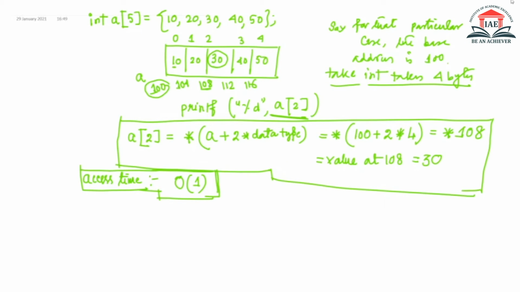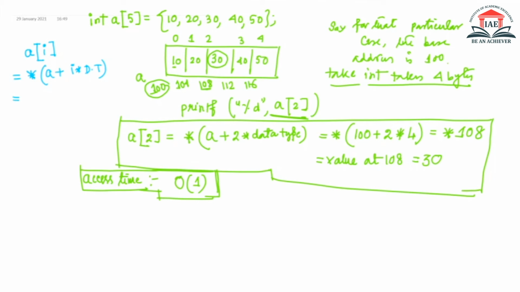So we can write it in a different way. Say if you want to find an element at the ith location, how can we compute it? We compute a plus i times the size of the data type.